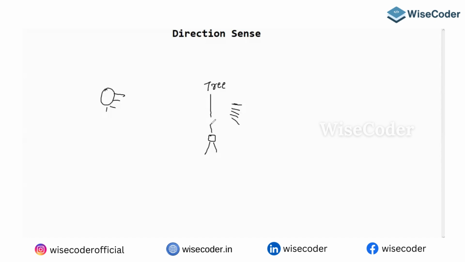If I am facing towards north, the tree is here, the sun is coming from here, and the tree shadow will be this side. So this is the right of that person, no? So Surya is facing towards north. When Surya is facing north, only then this particular situation will occur.